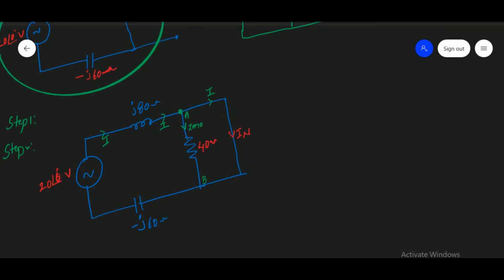If zero current flows, can I eliminate this branch? Zero current is nothing but open circuit, so I can eliminate this branch. So how much current is flowing?